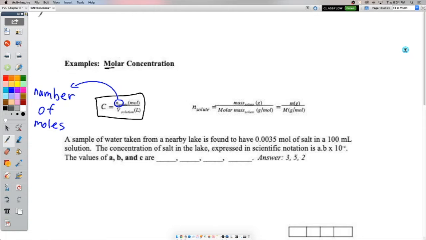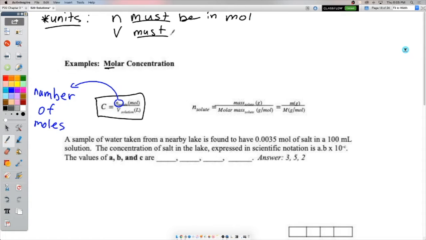So for our units here, this equation is a little more picky with its units, let's say, okay? So for units, you don't have an option. n must be in moles. mol is the symbol for moles. V, the volume, must be in liters.